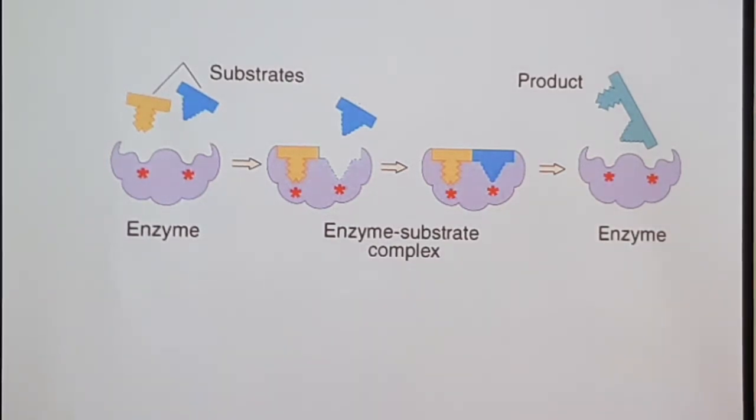It undergoes conformational changes, and now both the substrates are bound to the enzyme, and you get the enzyme substrate complex. And now these two chemicals being active, they react with each other. The yellow one reacts with the blue one, and the product is formed. So you get the enzyme product complex, the product is released, and the enzymes are recycled.